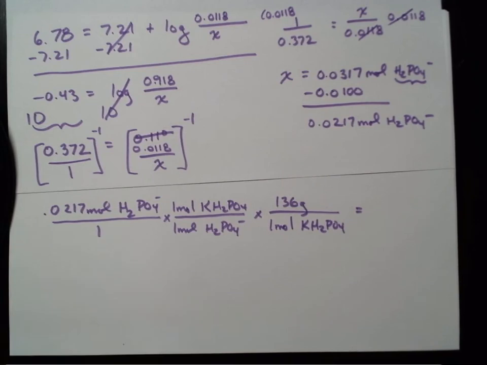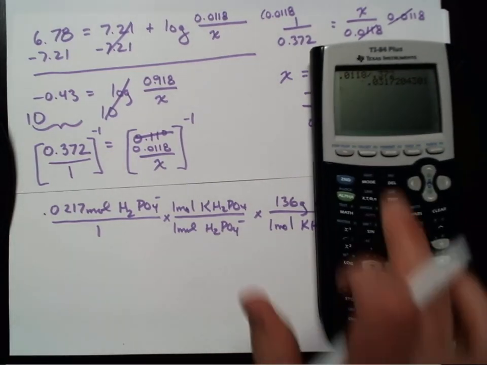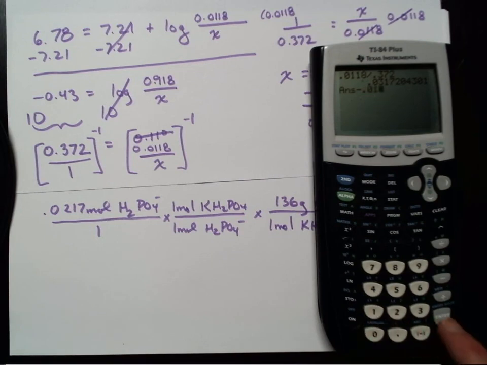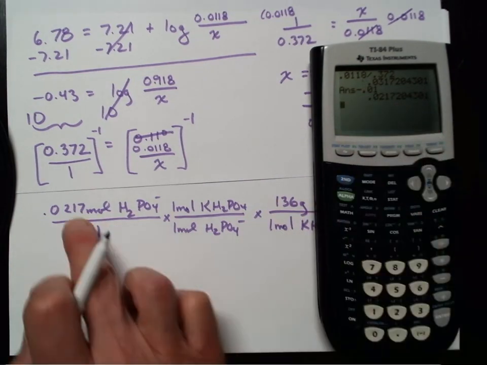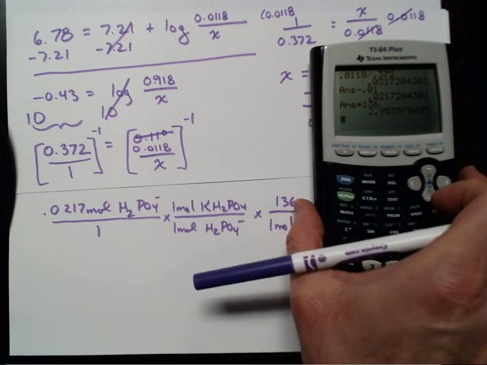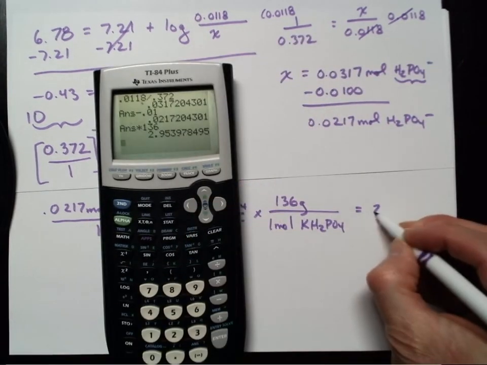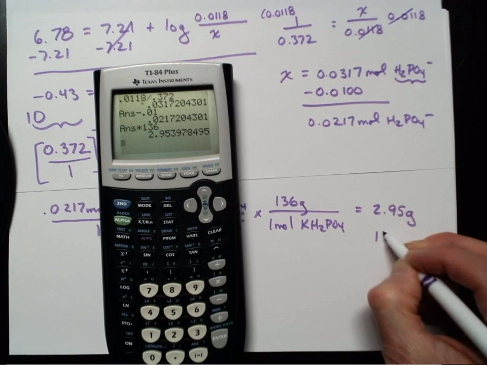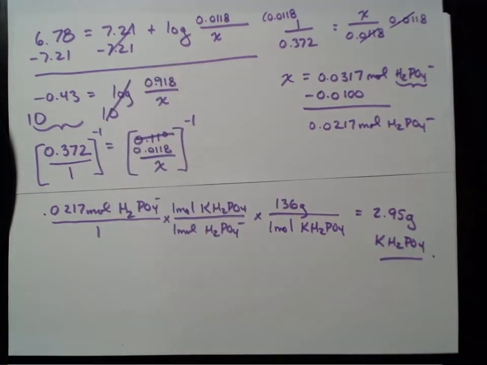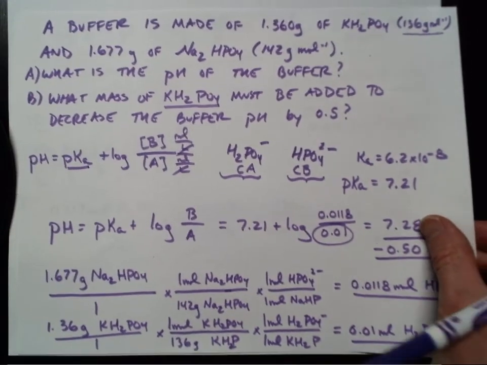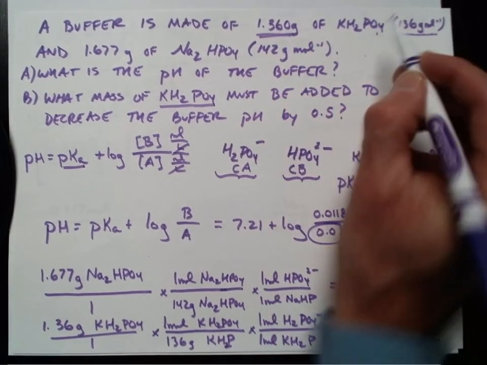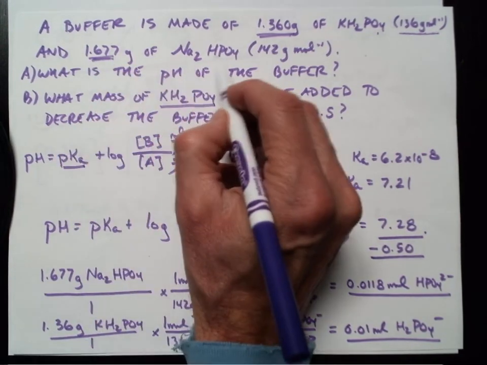Man, this one's a doozy. So 0.0217, because I had 0.01 to start, times 136, I'm going to have to add almost 3 grams of this stuff. 2.95 grams of potassium dihydrogen phosphate are going to be required to be added to a system that has this many grams of potassium dihydrogen phosphate and this many grams of sodium hydrogen phosphate.